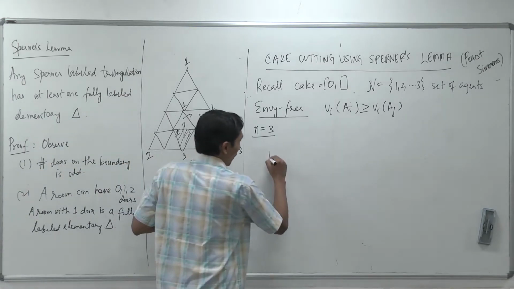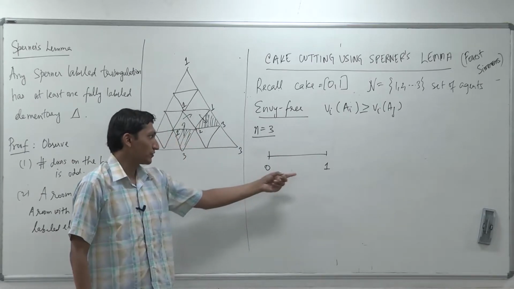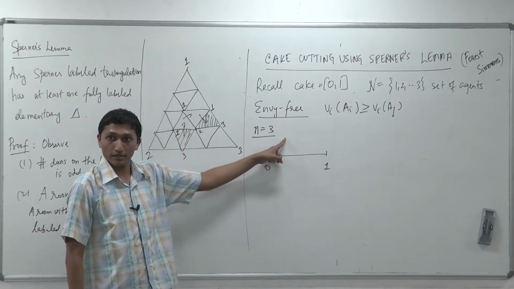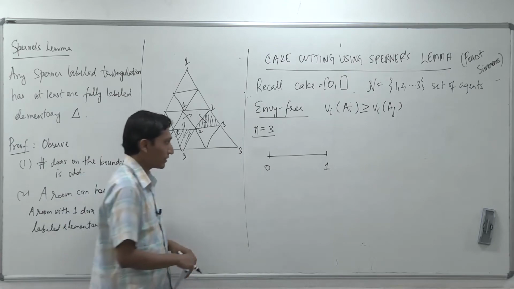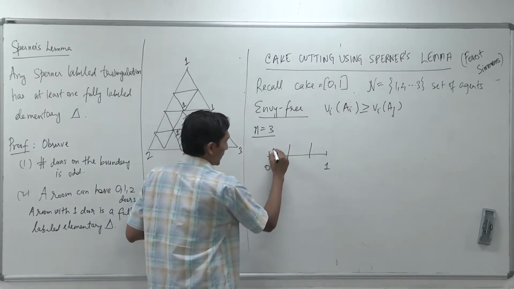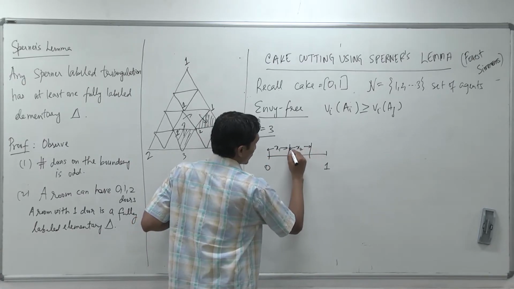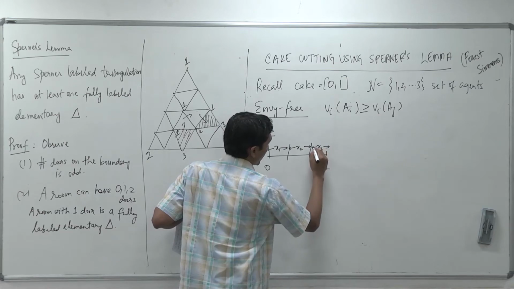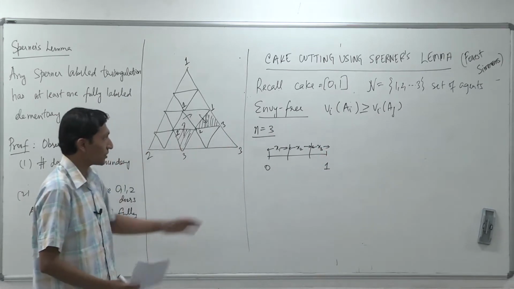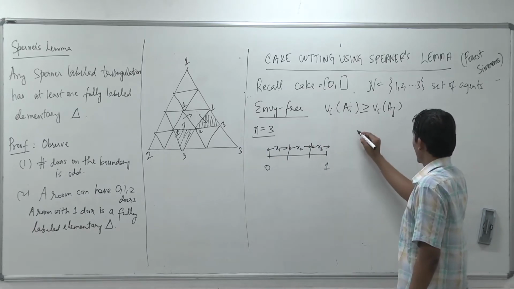So here's the cake. What could a connected division of this cake among 3 players look like? Forget about envy-freeness for a moment. It simply means that you cut it at 2 points and each piece has some length, say x1, x2, x3. Think of these as variables that you could play around with.